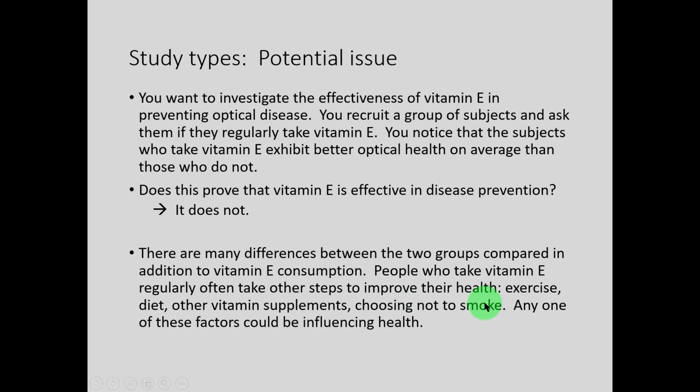It's hard to distinguish that since there are so many differences between these two groups of individuals who take the supplement and those who do not. So a cause and effect relationship is not possible in observational studies. That doesn't make observational studies bad. Sometimes that's all you can do in a particular research question. But let's contrast with experimental studies.